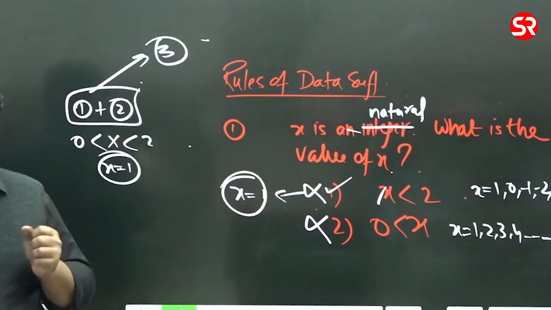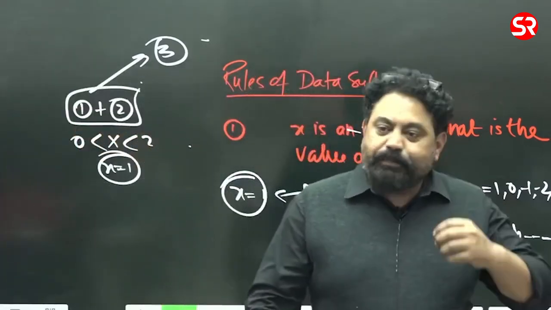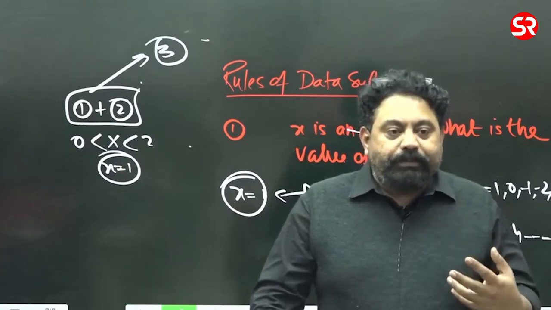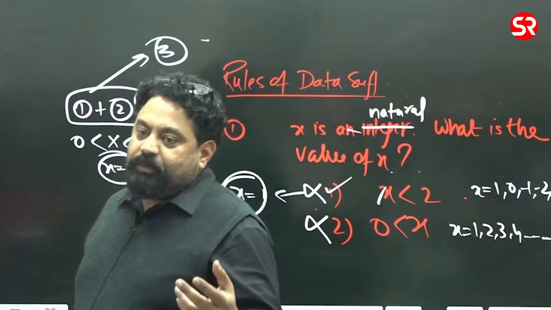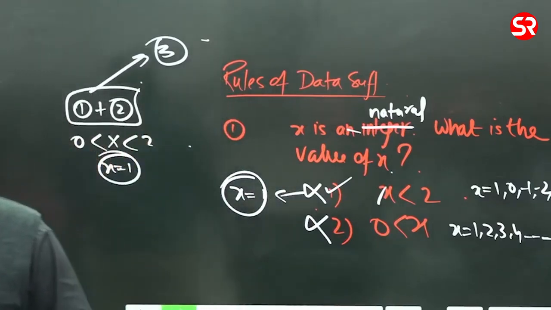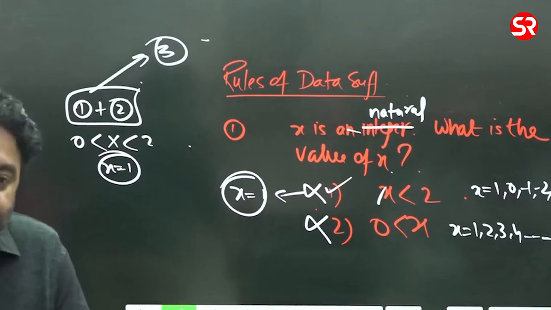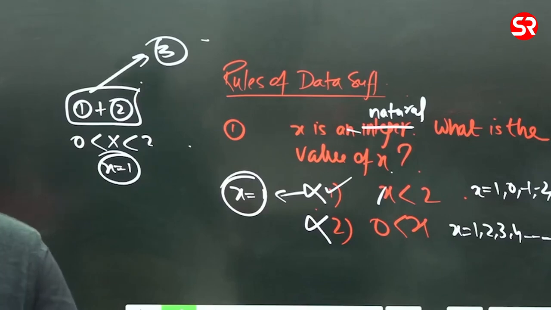Clear है? So how do you proceed? The simple plain way of proceeding for data sufficiency is my way. Look for statement 1 and question. When you look at statement 2, forget statement 1, look at question and statement 2. Once you have validated statement 1 and statement 2 individually, then only you go for mixing them. Otherwise, please do not mix them at all.